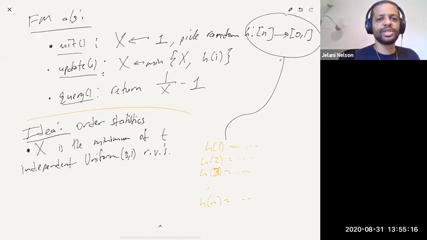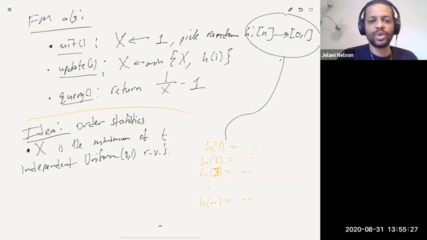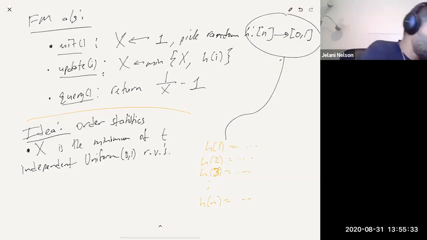Okay, and what are we storing? Yeah, we're storing the minimum. Because let's say the actual distinct numbers in the stream are I1, I2, up to IT. So what are we storing in our memory? It's the min of h of I1 up to h of IT. And so what does that look like? Here's 0, here's 1.